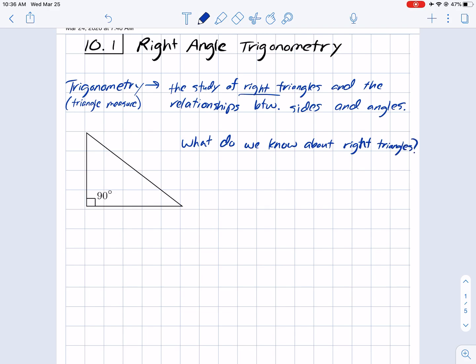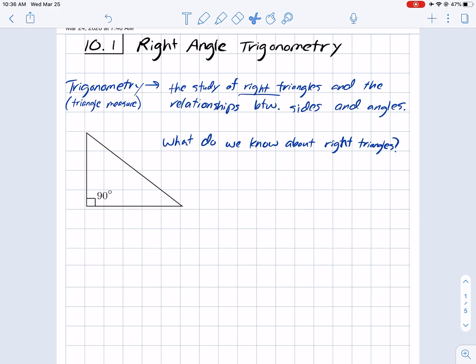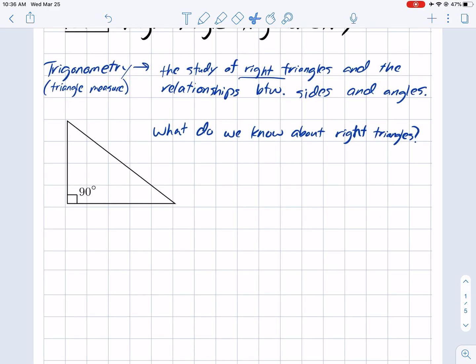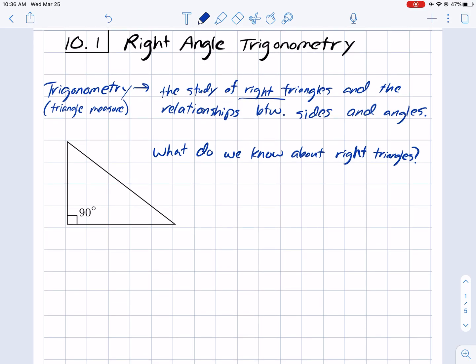That's a pretty broad question, but I want you to go ahead and put anything that you want on here. This is just a brainstorm. What do we know about right triangles? I can't ask you to share out right now, but I'll put down some things that come to mind when I'm thinking of right triangles here in just a sec. So pause the video and go ahead and list those out.